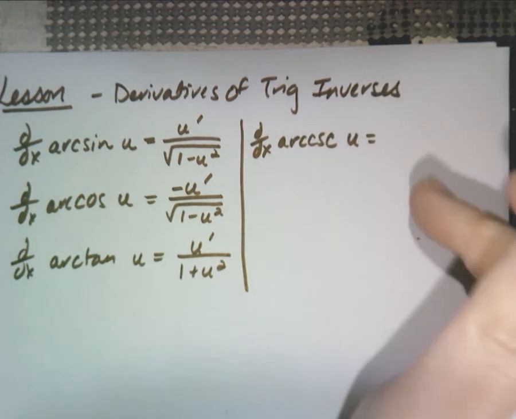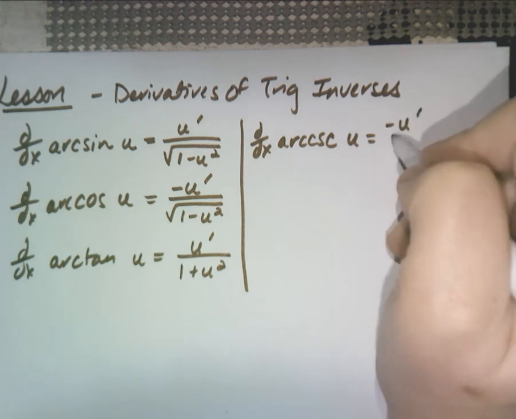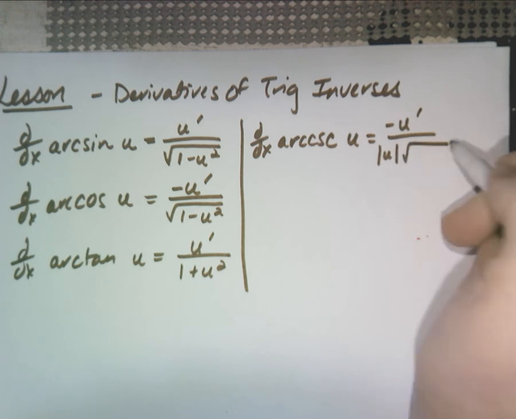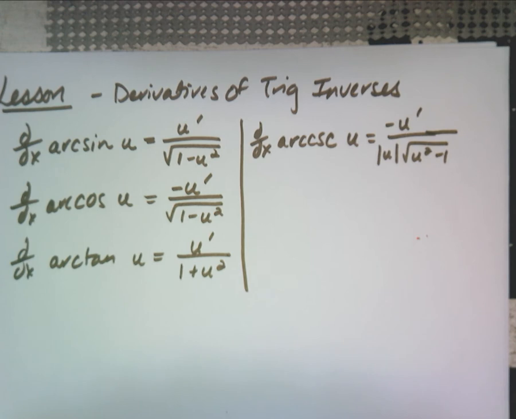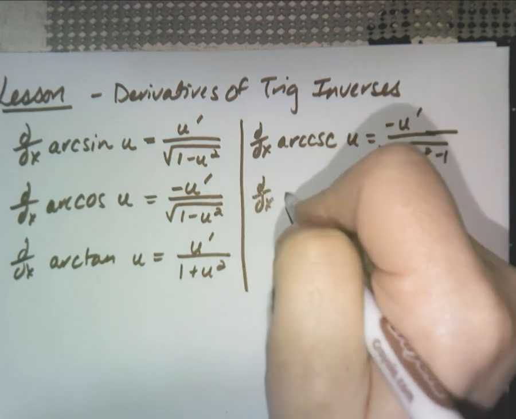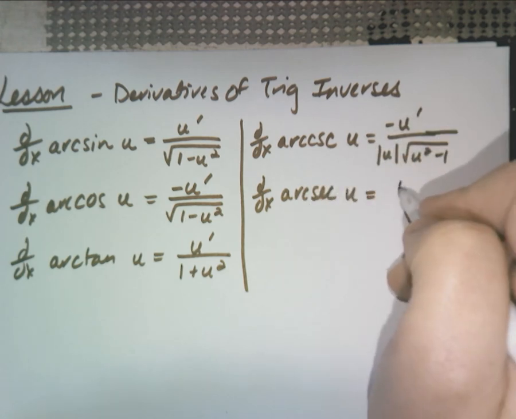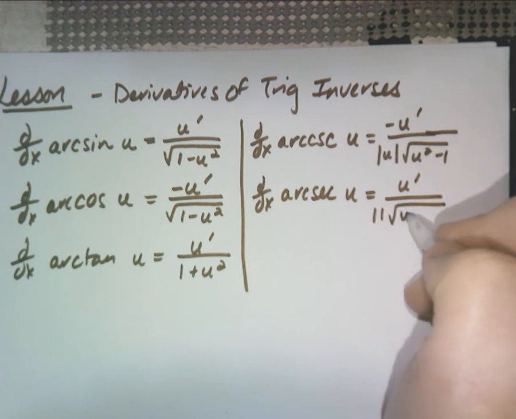Derivative of arc cosecant is negative u prime over the absolute value of u times square root of u squared minus 1. Derivative of arc secant u is u prime over the absolute value of u times square root of u squared minus 1.